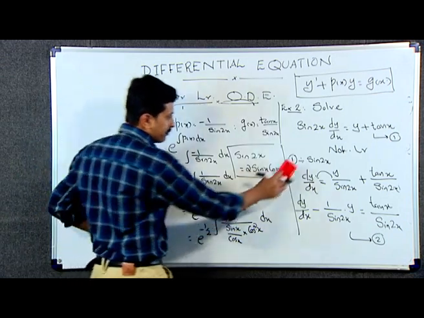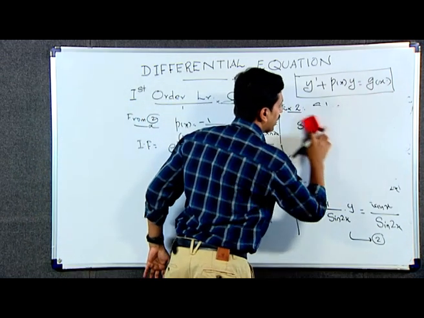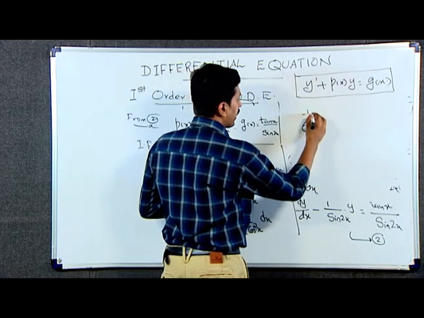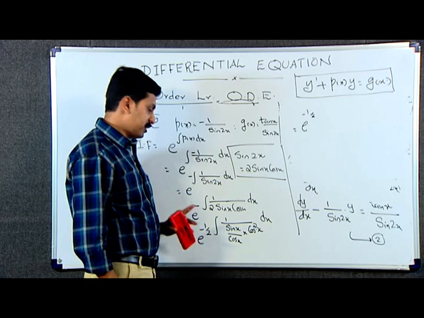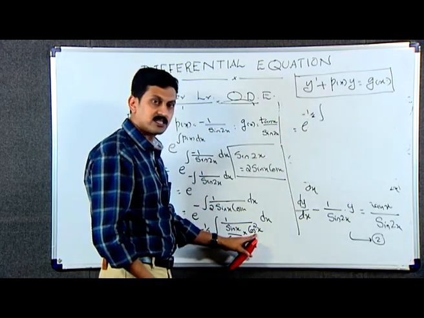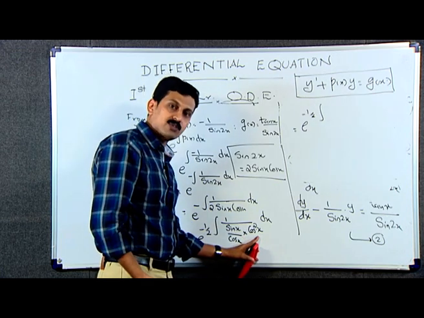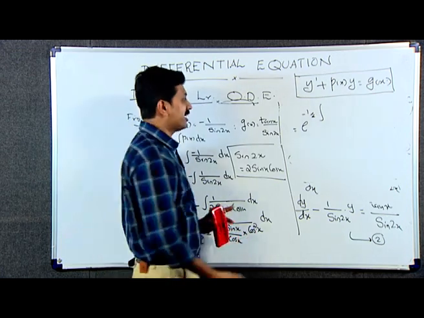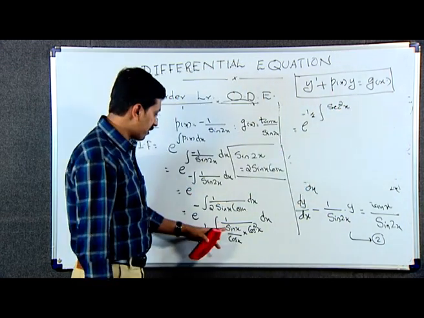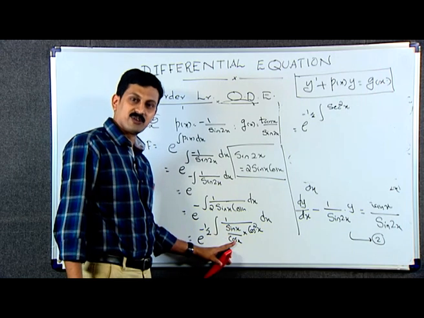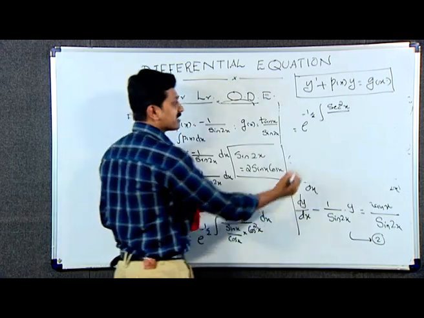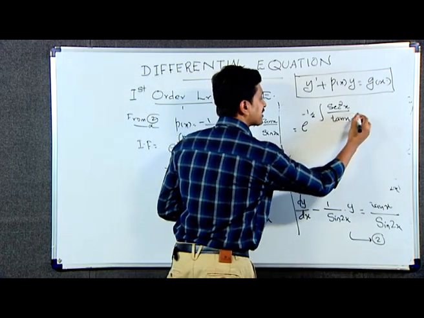See, we can change this function like this: e raised to minus 1 by 2 times the integral of, taking cos square x to the numerator, 1 by cos square x, which is sec square x, and we have sin x by cos x, which from the very early standards we studied is tan x, dx.